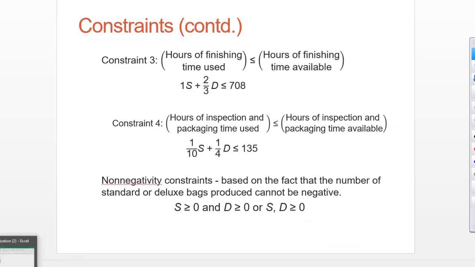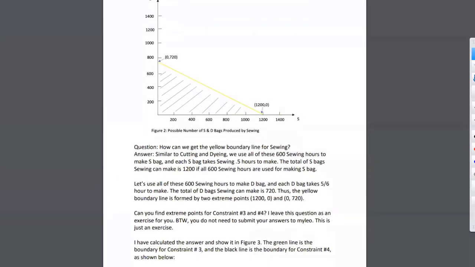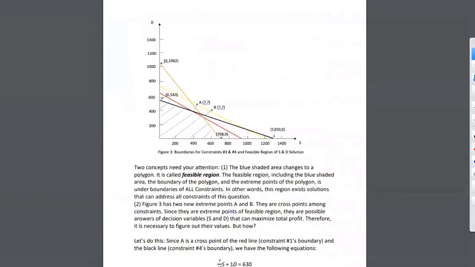I hear some classmates say it's in the developer guide. Yes, you are right. Yes, it's here. It's an overlap of the first three constraints, right? You see, I have some intersections created by boundaries, right? The possible values for S and D will be located on the cross points, on the intersection.